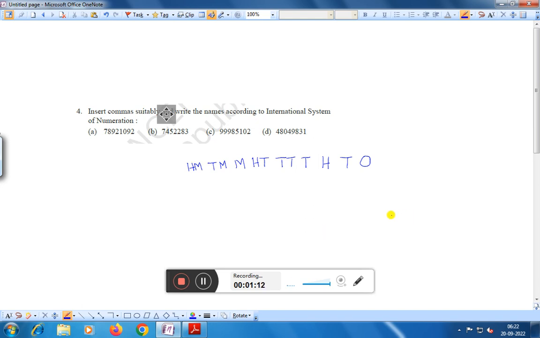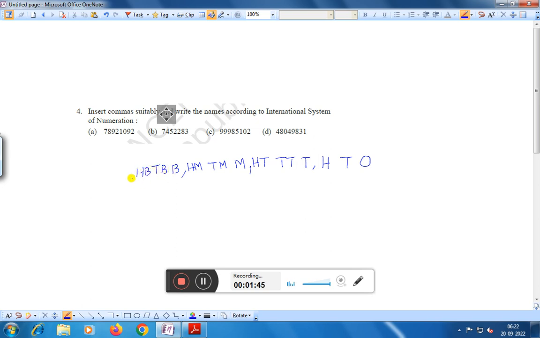Numeration. You have to put 1 comma after 3 digits, that is ones, 10, 100, you have to put a comma here. After that 1000, 10,000, 100,000, after 3 digits you have to put another comma. After 3 digits, that is million, 10 million, 100 million, you put another comma, and after that it is billion, 10 billion, 100 billion.